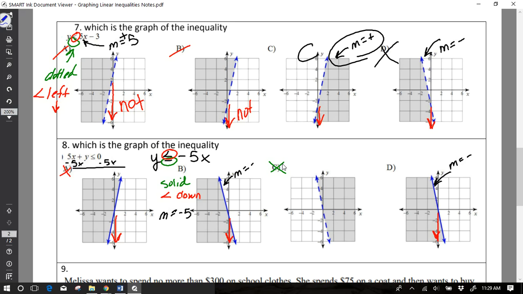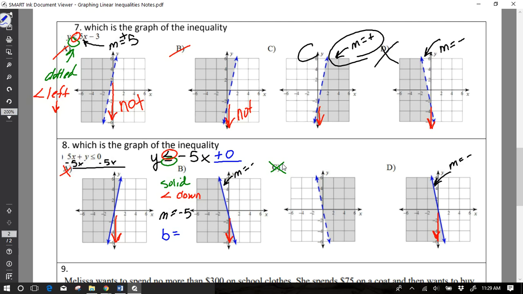It's not very obvious in this particular example, but the fourth thing that you could look for is what is b equal to? Remember, b is your y-intercept. What is the y-intercept for this problem? And the answer is 0.